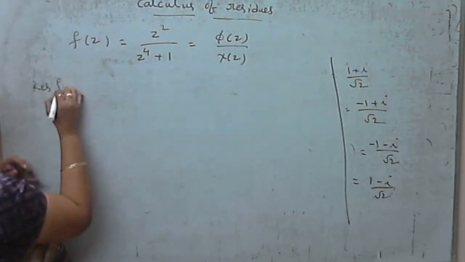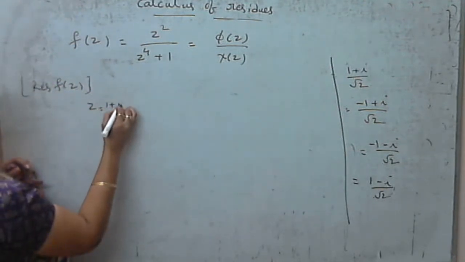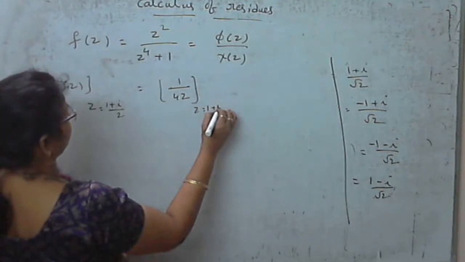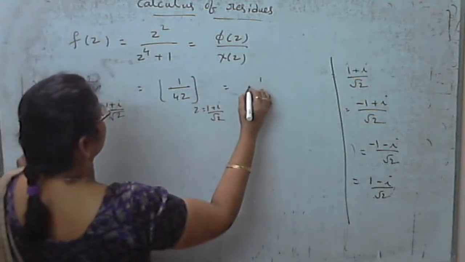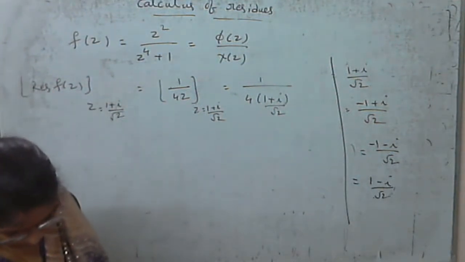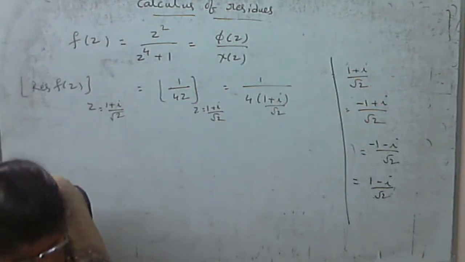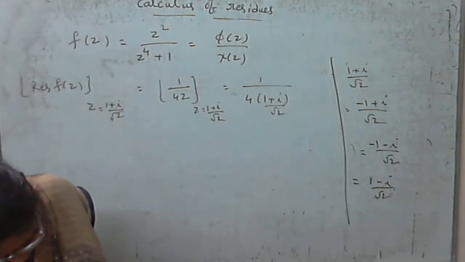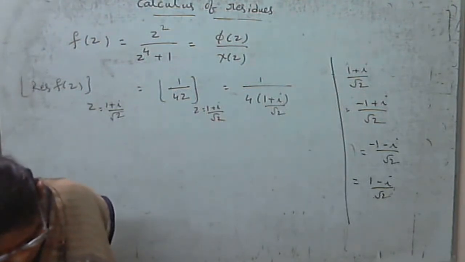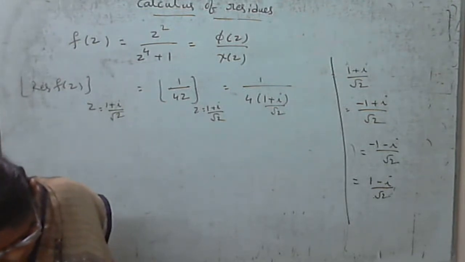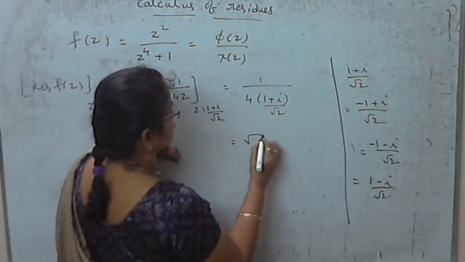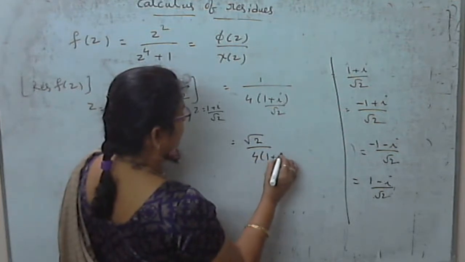So the residue of f of z at z equal to 1 plus i by root 2 is equal to 1 by 4z at z equal to 1 plus i by root 2. That is root 2 by 4 into (1 plus i).